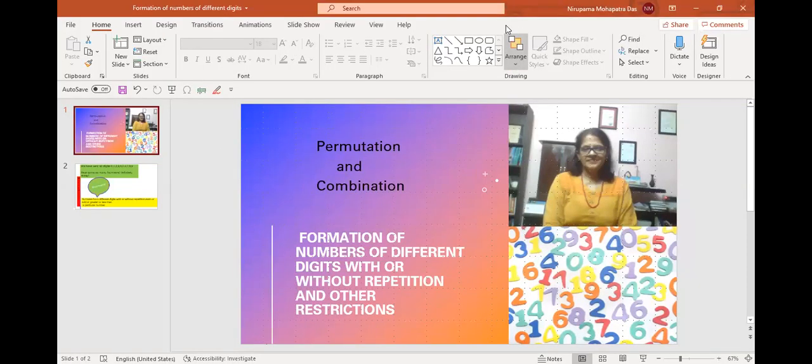To start with, this is one of the parts of permutation and combination. Basically, formation of numbers of different digits with or without repetition, and of course there are some other restrictions. This is the topic of this lesson today.